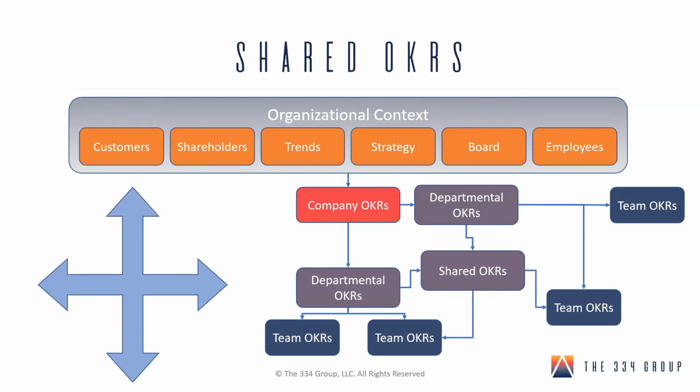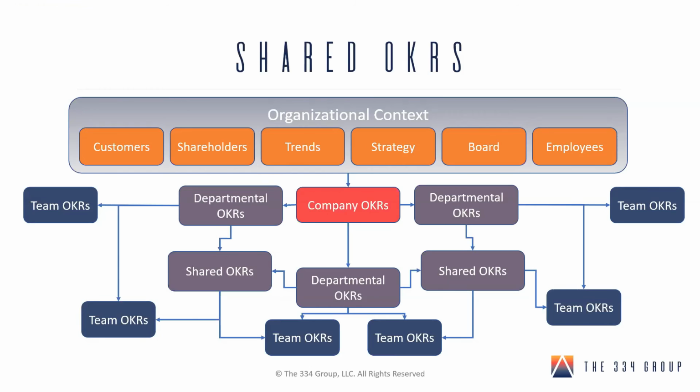Groups and individuals are encouraged to find commonalities or dependencies between their own OKRs and those of other groups and individuals, and share them where appropriate. By sharing objectives across groups, we create alignment between those groups whose efforts need to be aligned in order to achieve the desired results. So here we're going up, down, and side to side.